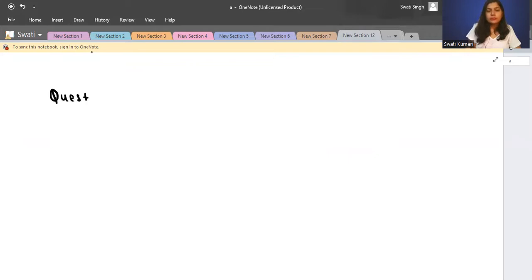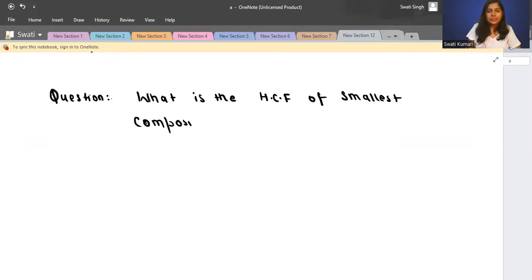The question is: what is the HCF of the smallest composite number and the smallest prime number?